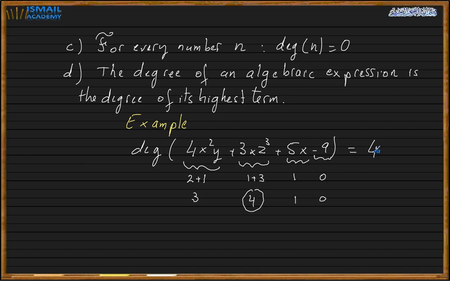So this is the fourth property. The fifth property is that a one-term algebraic expression is called a monomial. So if I have only one term in an algebraic expression, it has a name, it's called monomial.